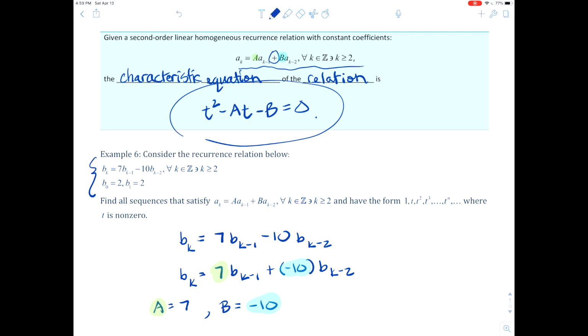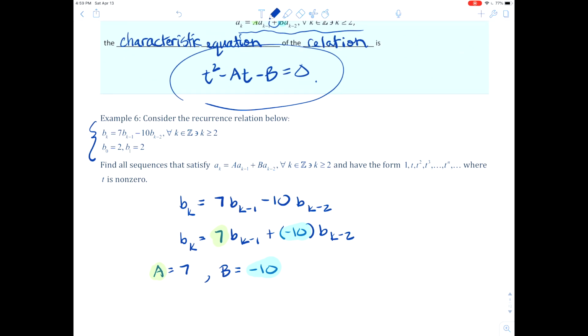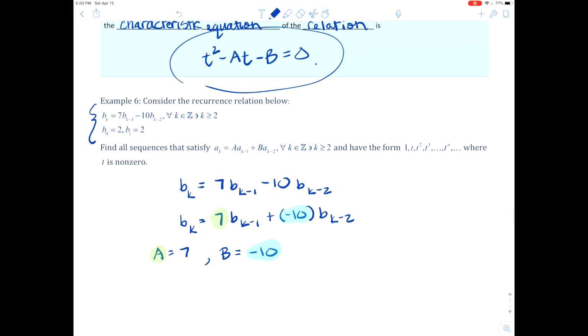So let's see what we've got. When we want to switch it over now to the characteristic equation of the relation, what would we have? We would have t squared minus a times t, right?